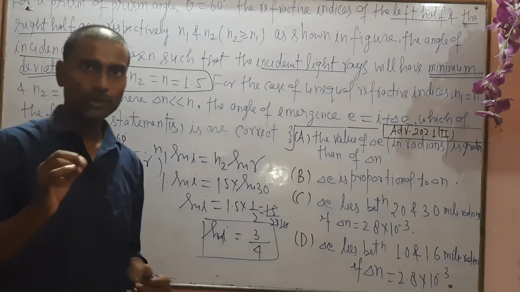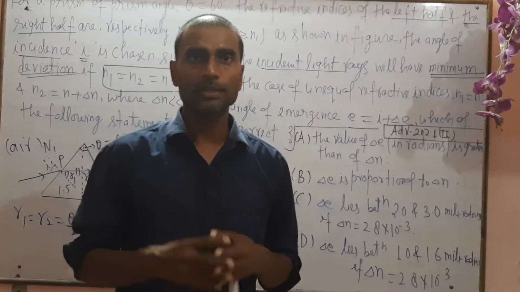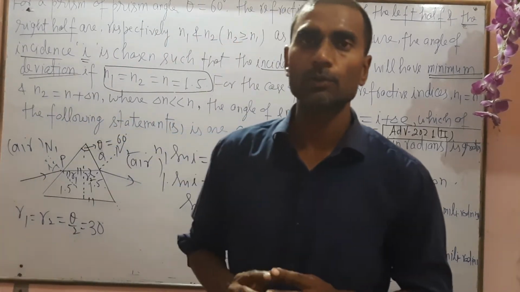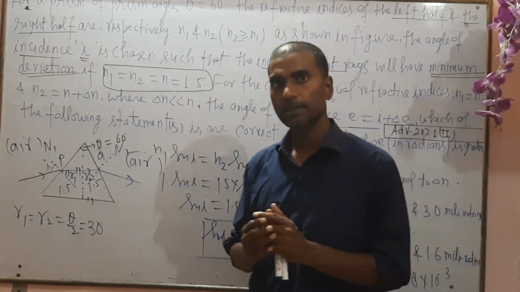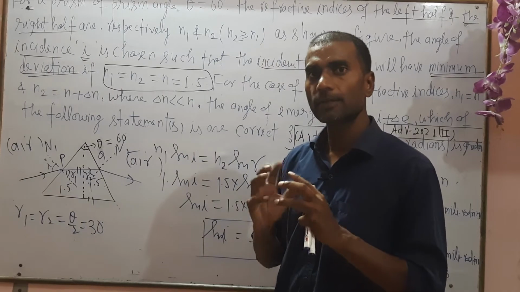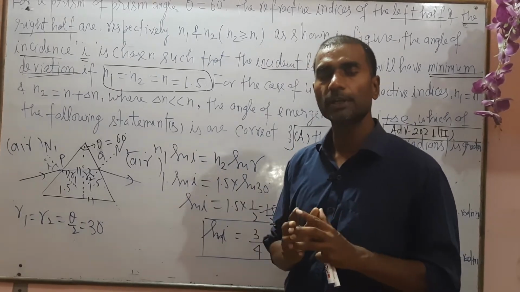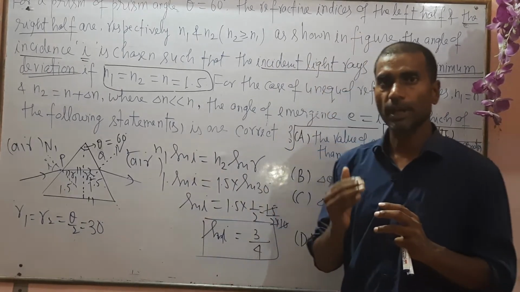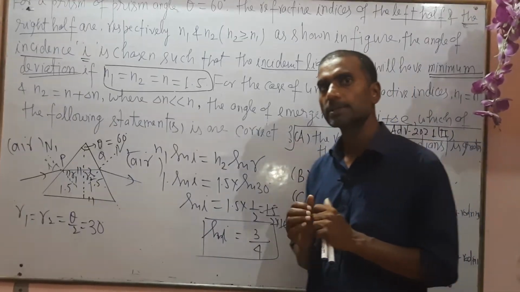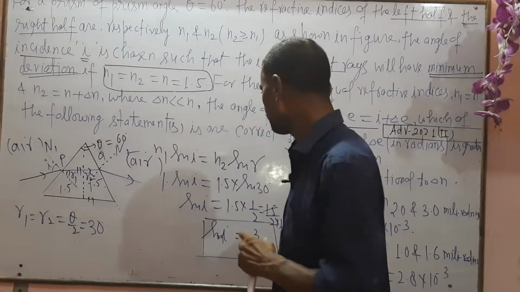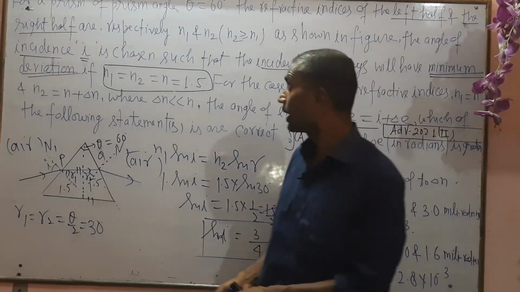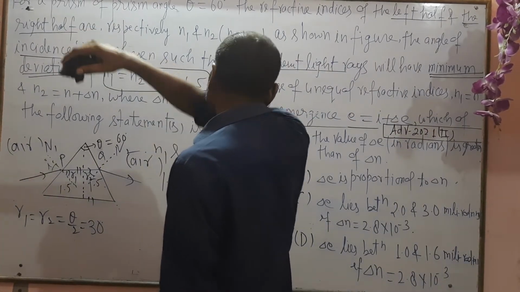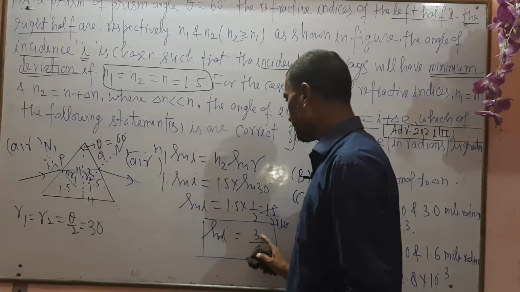We know that for the minimum deviation, the angle of incidence i equals sine inverse of 3 by 4, or we can say sine i equals 3 by 4.